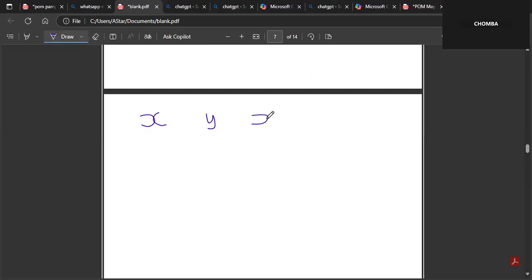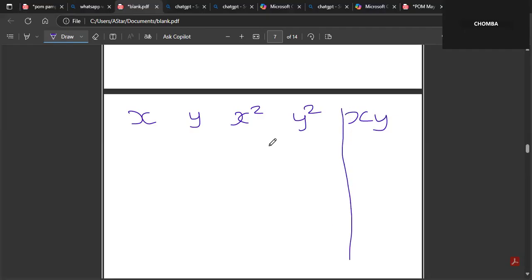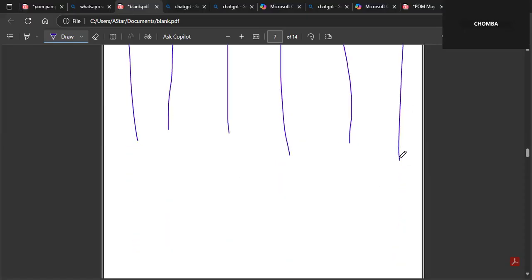I would have shown you the easiest way, but just do it manually. So for manual working, you simply write X, then Y, X square, Y square, and XY. How many values are there? Let's check how many values we are having.